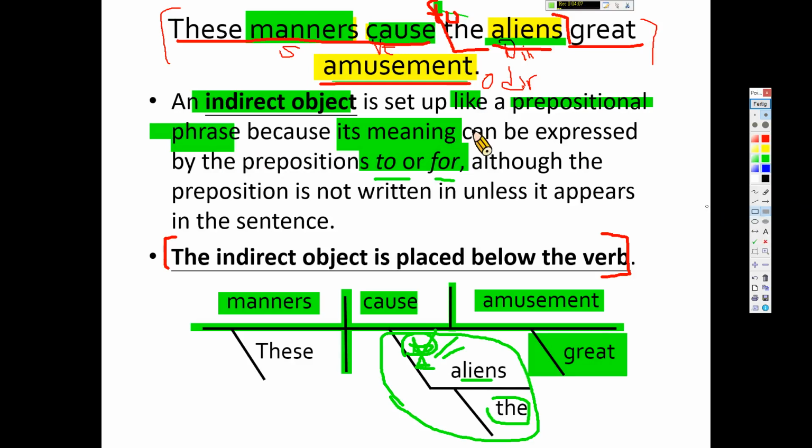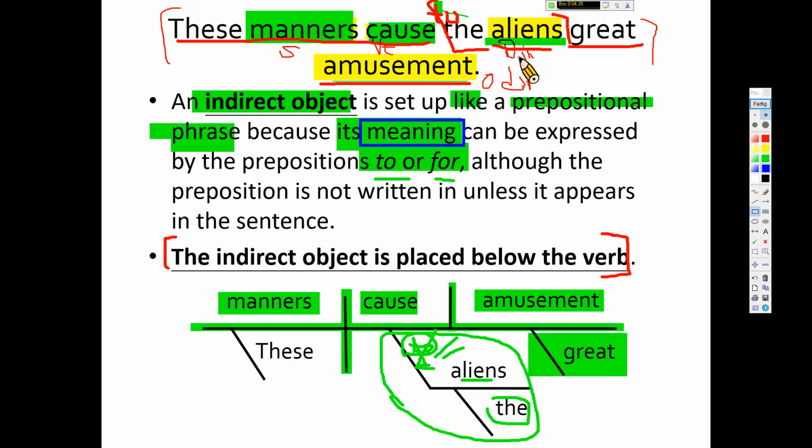The meaning is very important. Its meaning can be expressed by the preposition "to" or "for," although the preposition is not written unless it appears in the sentence. It is not written out, but it is actually there. So when we have "these manners cause the aliens great amusement," it is indeed equal to "these manners cause great amusement to the aliens."